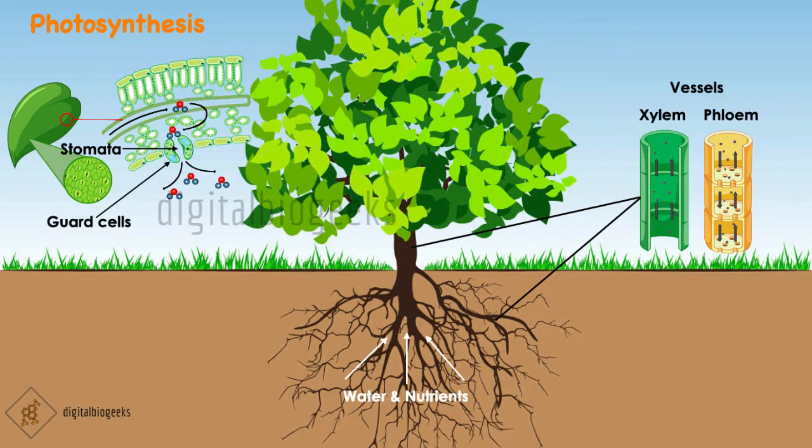Here you can see the stomata, the pores in the leaves. This is the stomata and these are the guard cells, two kidney-shaped cells. Through these stomata, the carbon dioxide from the atmosphere reaches the leaves.